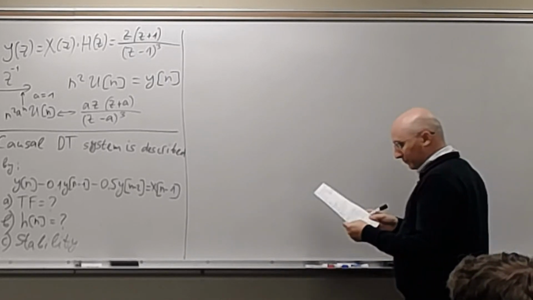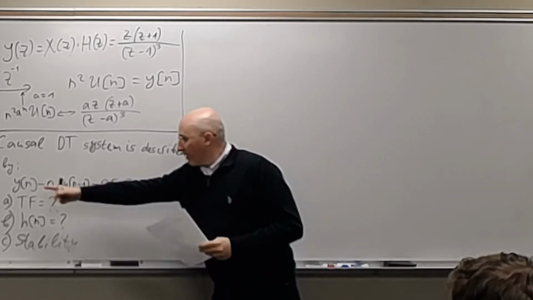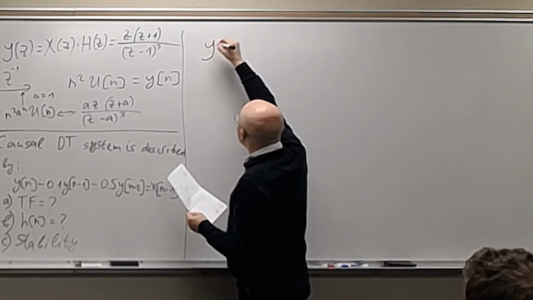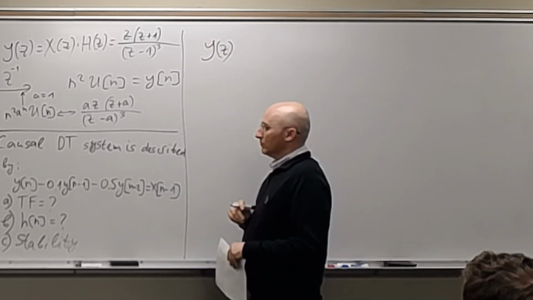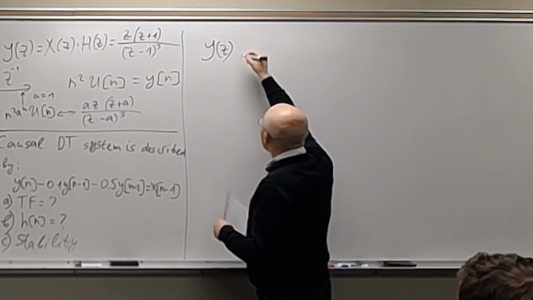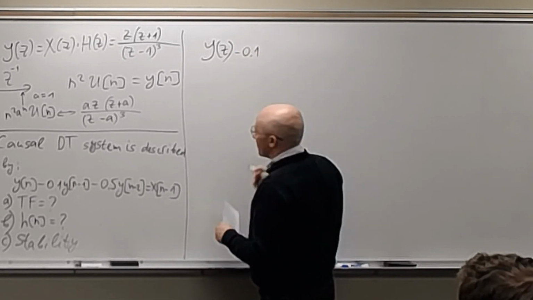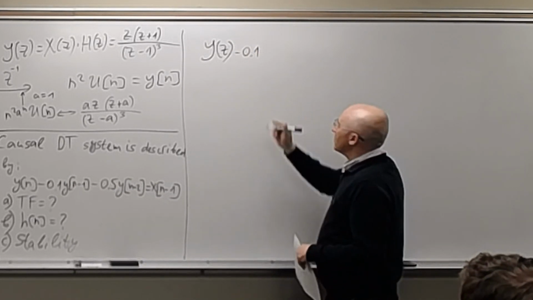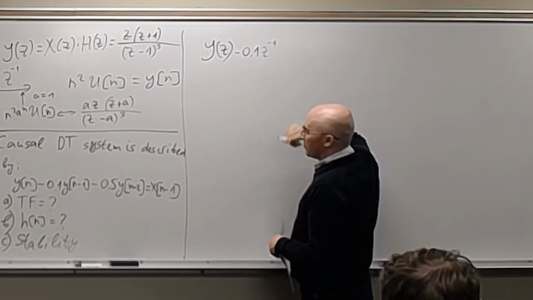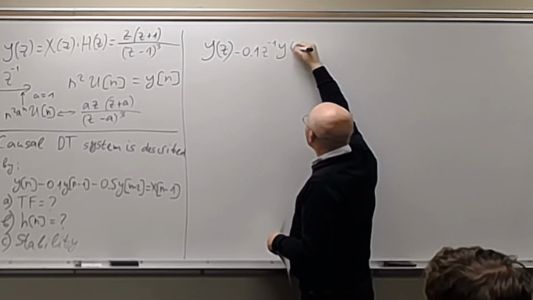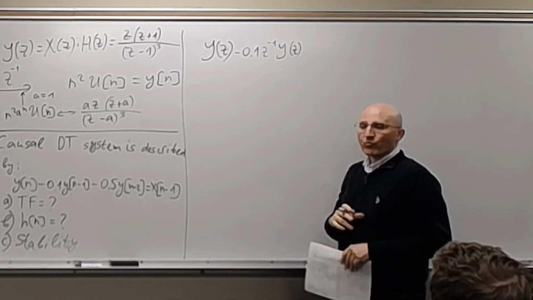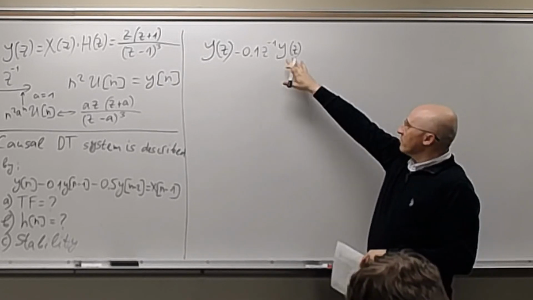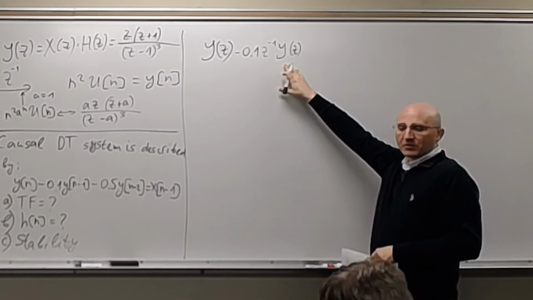This is what we get. So y[n] transformed to Y(z), minus 0.1, from the linearity, this one comes out, z to the minus 1 times Y(z). Pay attention that all of the z transform is continuous.